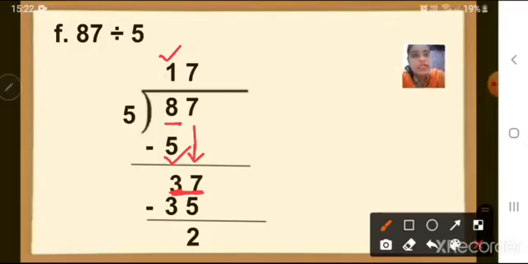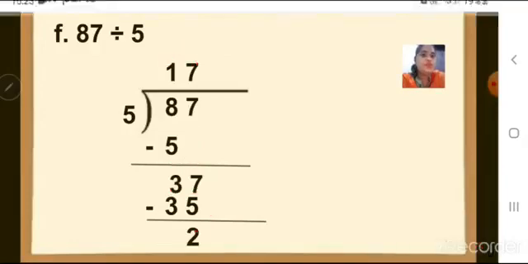So we will write number 7 here up and number 35 here down below 37. Okay. Now let us subtract. 37 minus 35. 7 minus 5 is 2 and 3 minus 3 is 0. Correct? So 37 minus 35 is equal to 2.